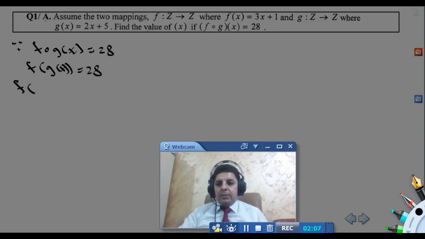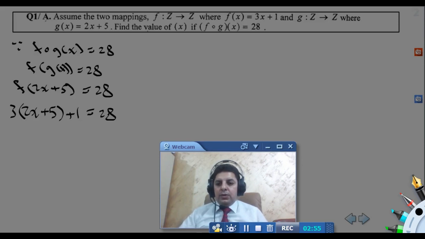Then, by replacing the value of g of x, which is 2x plus 5, in the function rule f of x, we replace x by 2x plus 5. So 3 times the bracket of 2x plus 5, close the bracket, plus 1 equals 28. That is the equation.